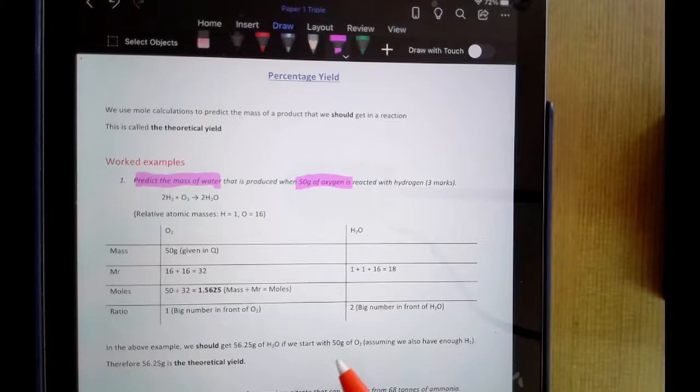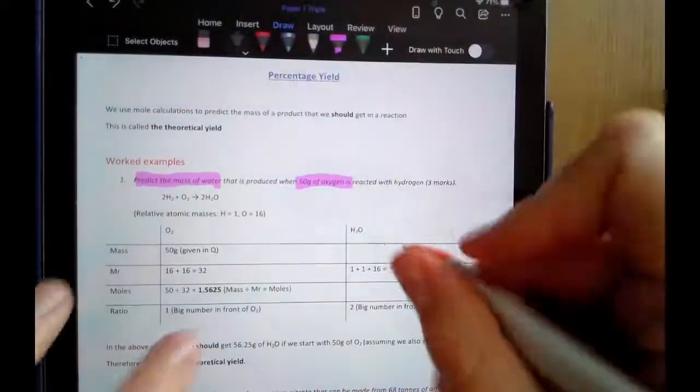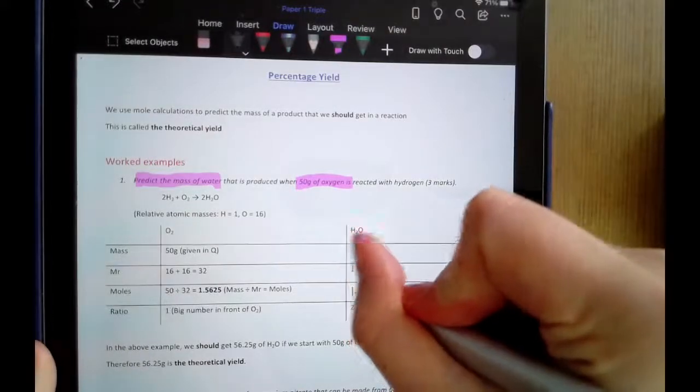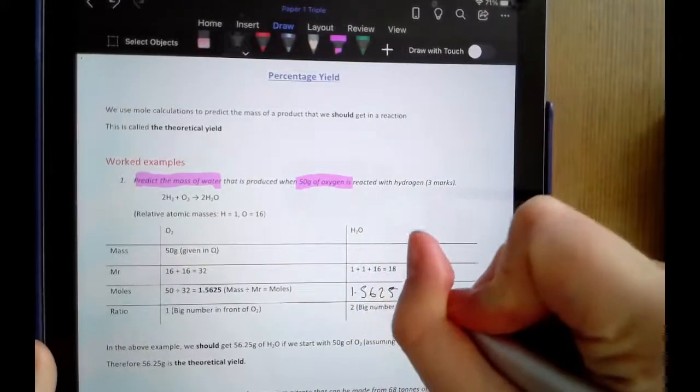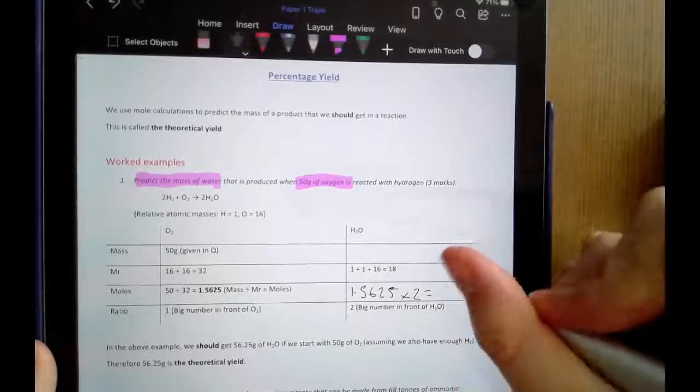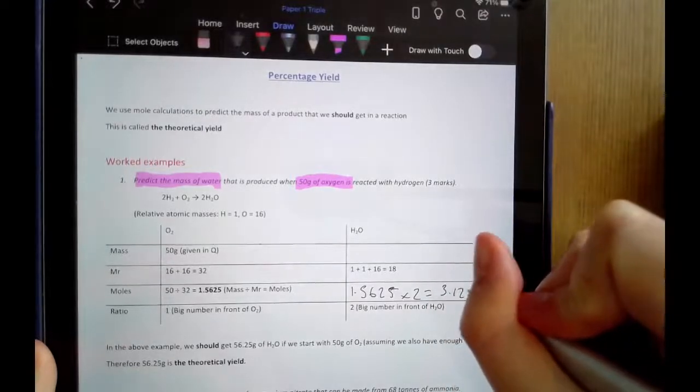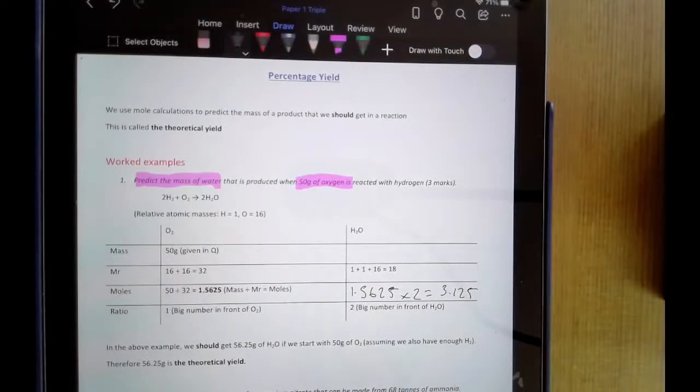If I had 5 moles of oxygen, I'd produce 10 moles of H2O. So you're always going to be producing twice the amount. I don't have 1 mole of oxygen, however, I have got 1.5625 moles, which means I need to multiply that by 2. And when I do, I realize that I produce 3.125 moles of water.